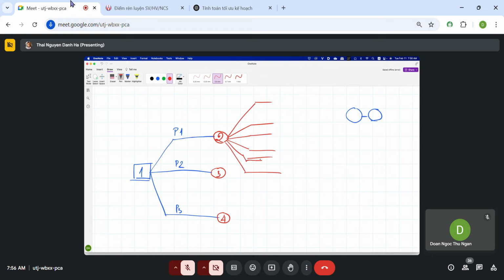With the probability we have here, the first one probability is 0.15, 0.3, 0.35, 0.1, 0.05, 0.05. It's so small. I will make it bigger.